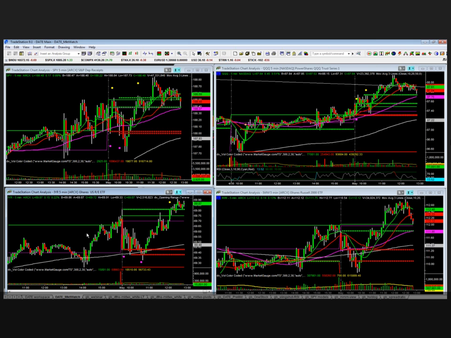So here's an example of a really good relative strength setup where my focus is not necessarily buying the individual indexes, but finding a stock or an ETF. In this case, it happens to be an ETF that I've already got a bullish bias on.